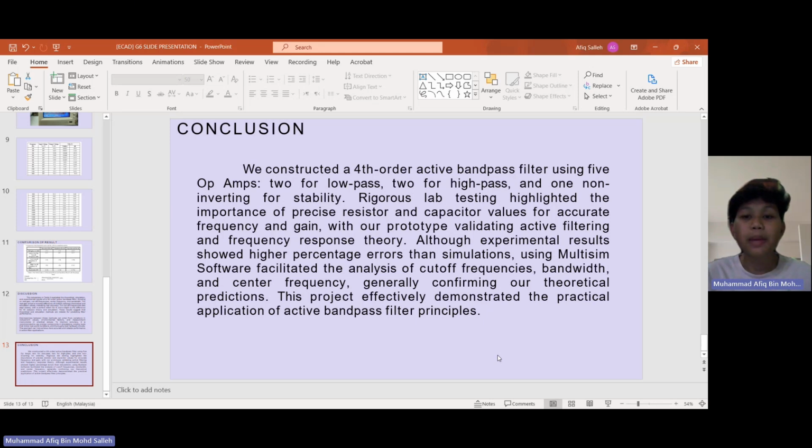Our prototype validated active filtering and frequency response theory, although experimental results show a higher percentage error than simulation using Multisim, and center frequencies generally confirm our theoretical predictions. This project effectively demonstrates the practical application of active bandpass filter principles.